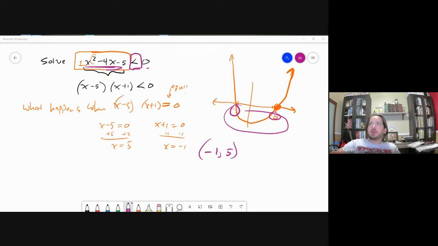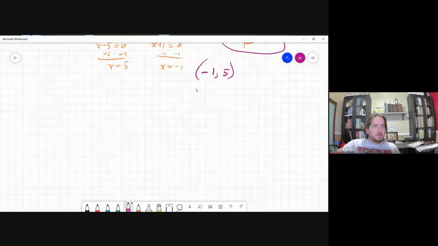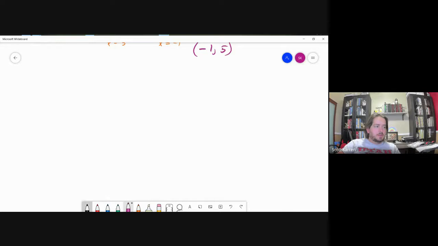So let's take a look maybe at this one. Here I have x squared plus 3x minus 5 greater than or equal to x plus 3.